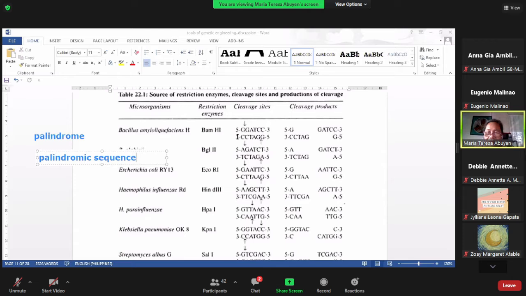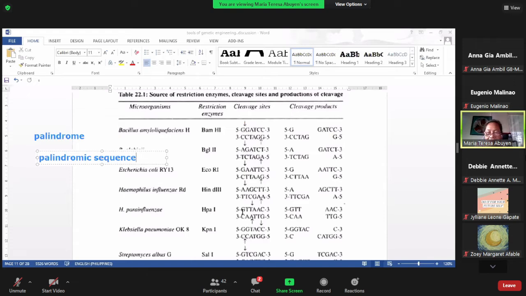Okay? Now, all of these cuts are palindromes. They are all palindromic sequences, as you noticed in the examples given here.